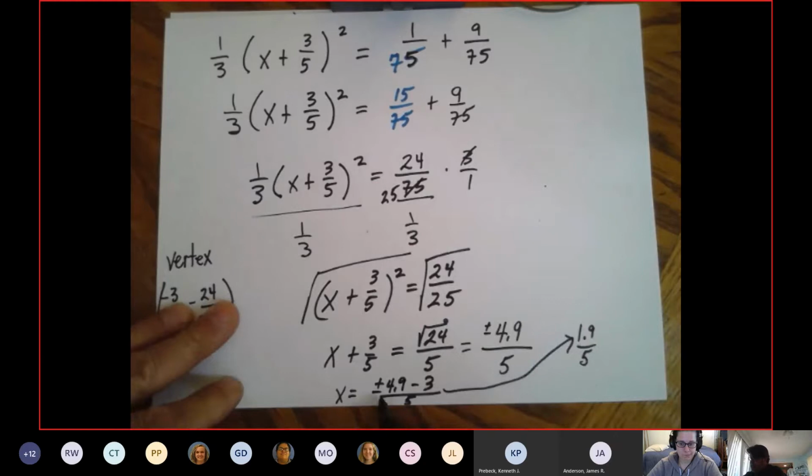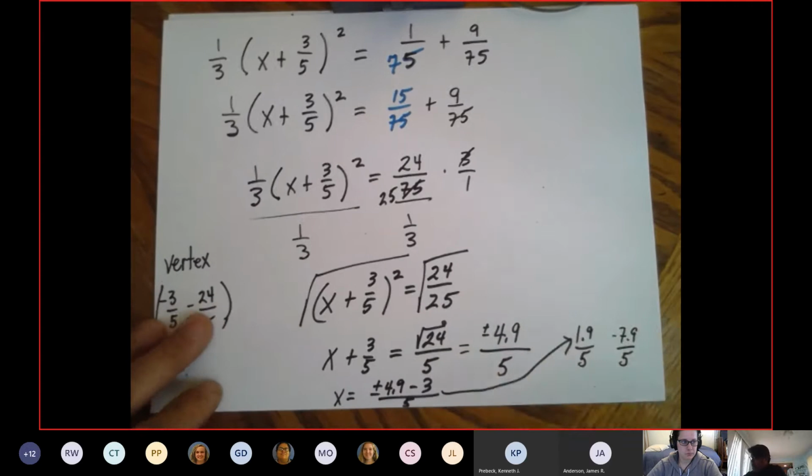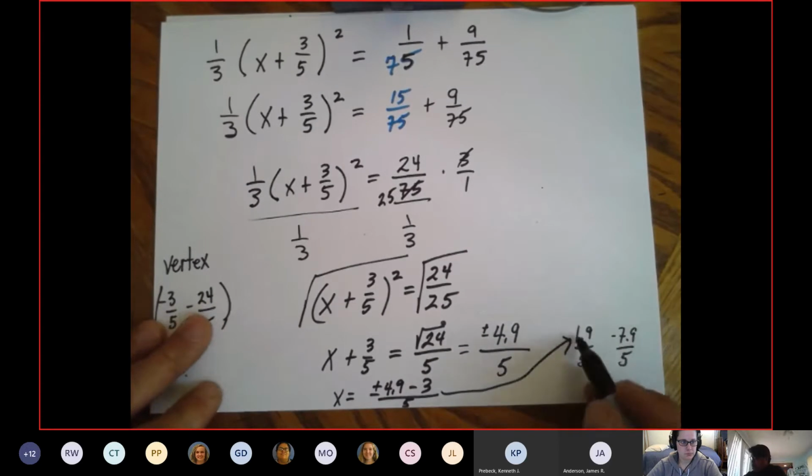And negative 7.9, negative 7.9 over 5. Well, 5 won't go into 1, so that'd be 0.3. I'm thinking, what, 3.8 or 3 what? 3.6? Somebody check my math.